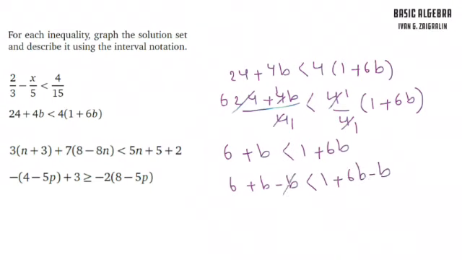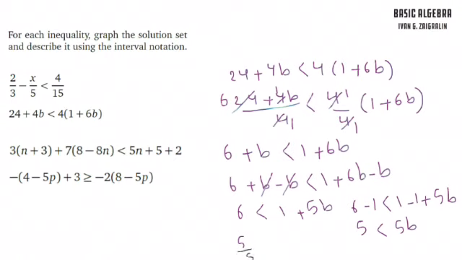So this b goes with this negative b, and 6 is less than 1 plus 5b, and then we add negative 1 to each side. 6 minus 1 is less than 1 minus 1 plus 5b, and 5 is less than 5b, and then we divide each side by 5. 5 over 5 is less than 5b over 5.